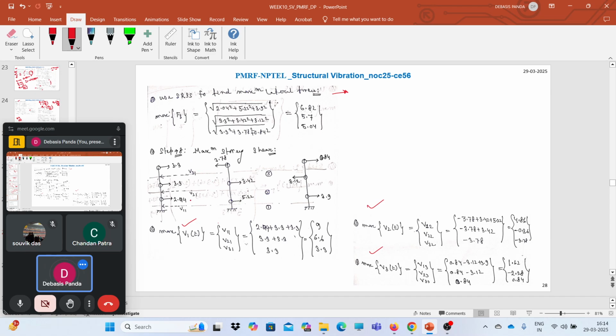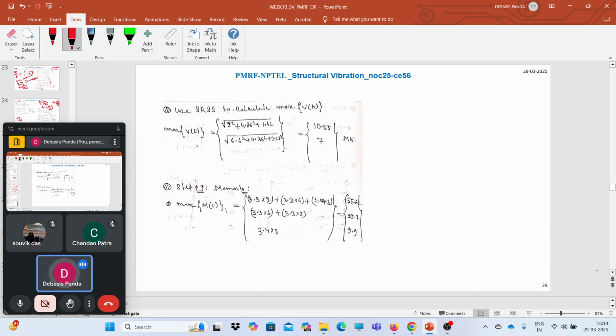Like here, 2.44 plus 3.33 plus 3.3 for the first V1, which comes to 9, 6.6 and 3.3. Likewise, we can calculate the Storey shear for the rest of the two modes. Once we have the Storey shear information, we can use the SRSS rule again to find the final Storey shear at each level.